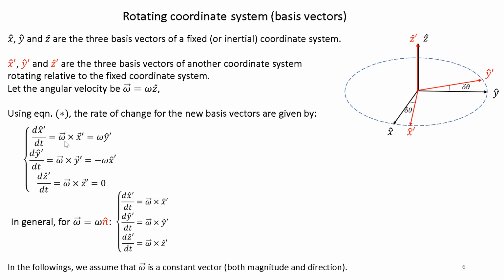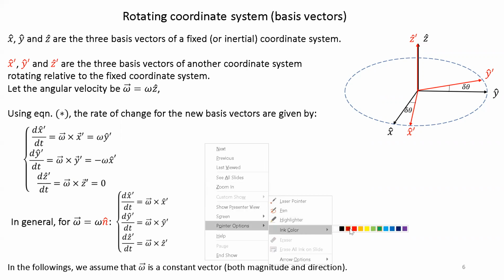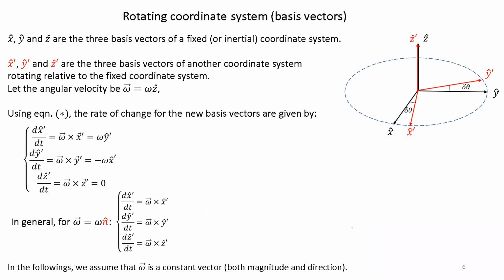Actually, I should write x hat prime, y hat prime, z hat prime here. So what is omega cross x hat prime? Omega is omega z hat, so it's omega times z hat cross x hat prime.